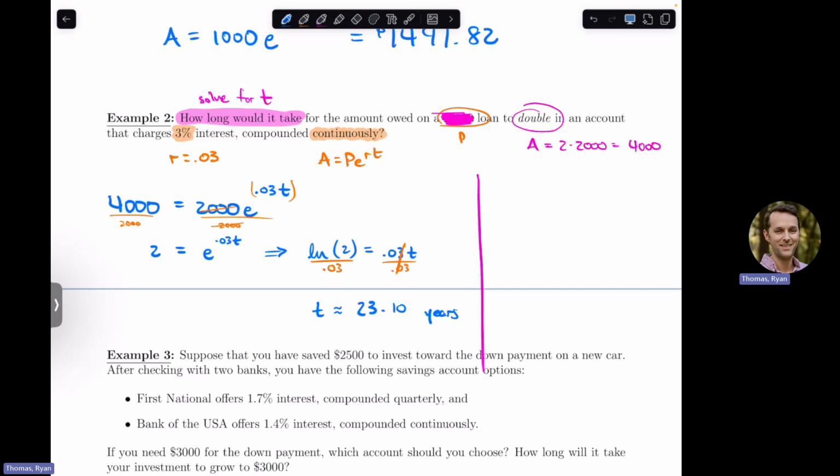Well, it's still continuous interest. I'm still looking for how long it takes. Still have 3%.